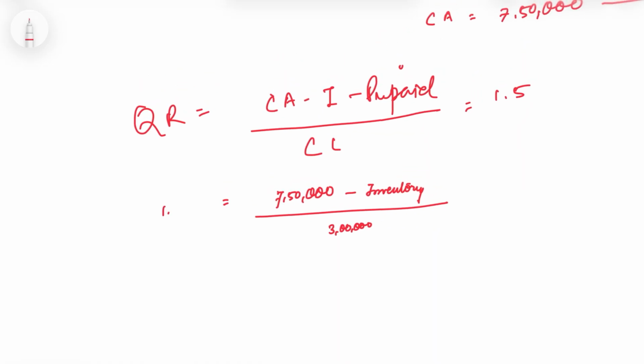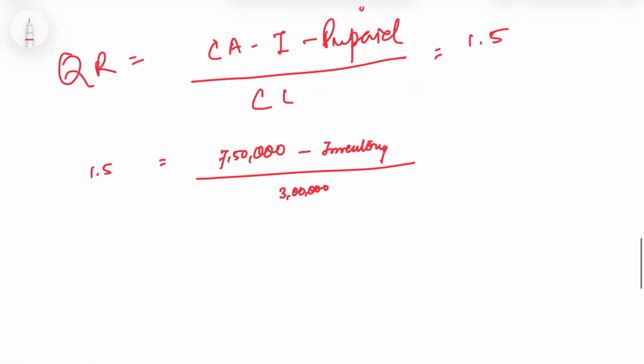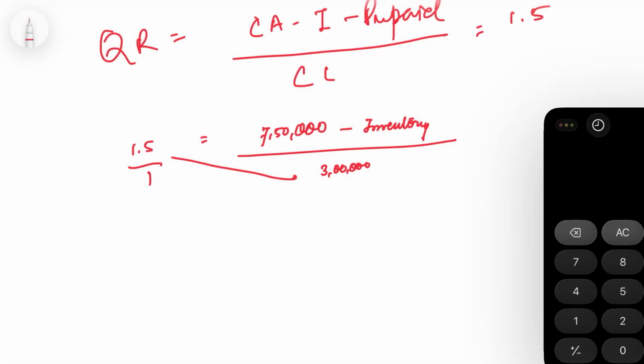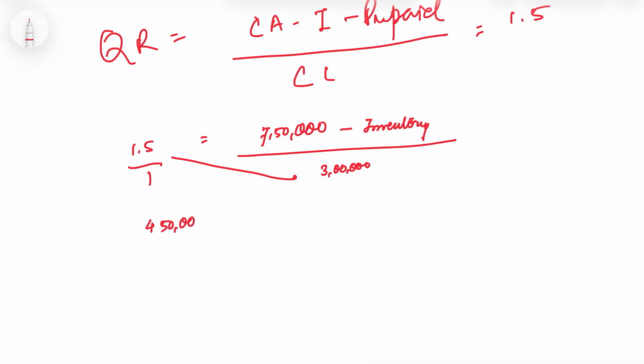The quick ratio is 1.5, so cross multiply. 3 lakh into 1.5 is 4 lakh 50,000, which is equal to 7 lakh 50,000 minus inventory.